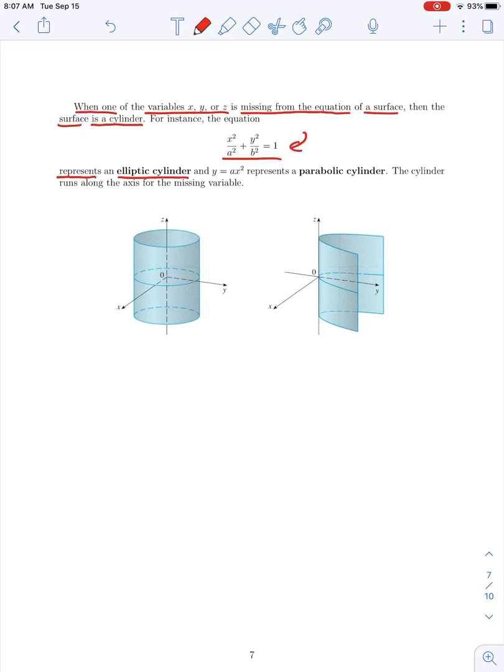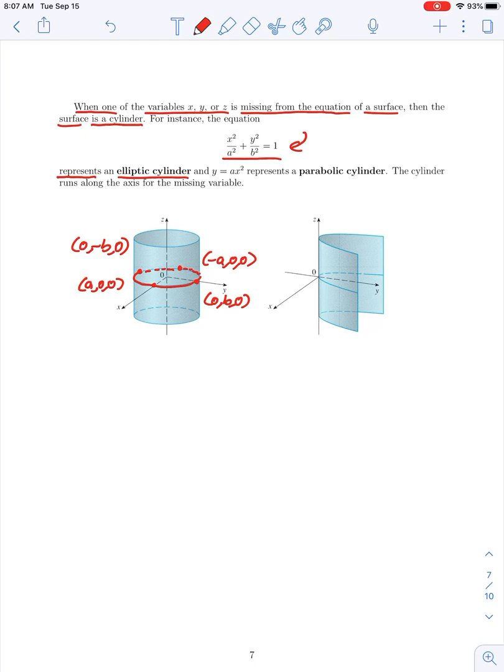So if I think about the equation defined here in terms of x and y, I see that it represents an ellipse whose x-intercepts would be at positive or negative a, and where my y-intercepts would be at positive or negative b. So I would have an ellipse, let's say in that xy plane, that looks something like this.